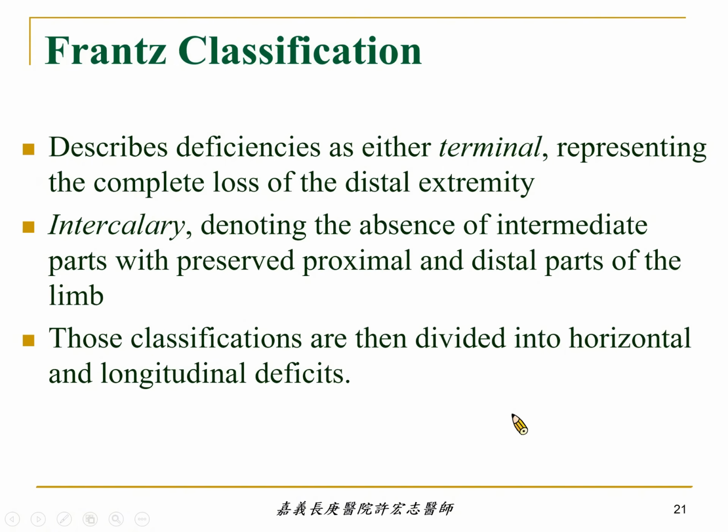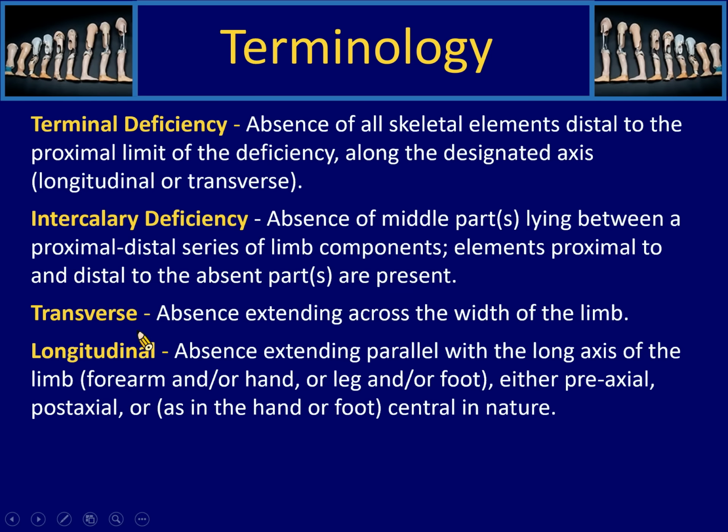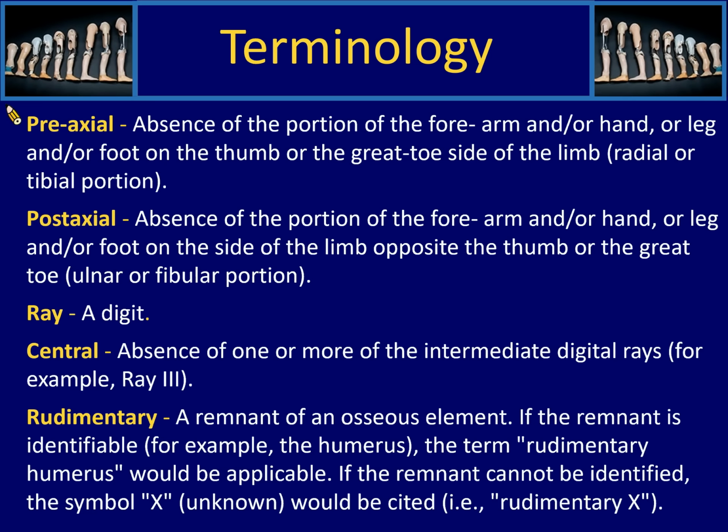In this classification, we also divide them into transverse and longitudinal deficits. These are the important terminology of the classical classification system: intercalary deficiency, transverse, longitudinal, like the preaxial, postaxial, ray, central, and rudimentary.